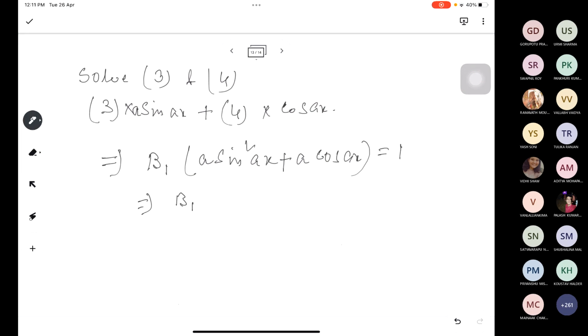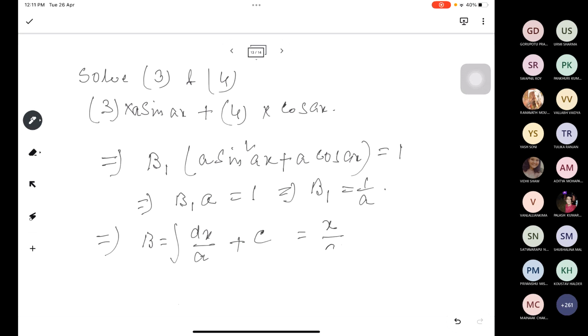So B1 into a is equal to 1. Ma'am, that should be a cos square ax. Yes, a cos square ax.